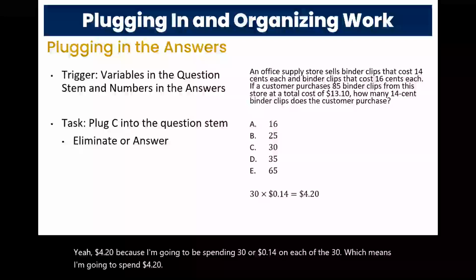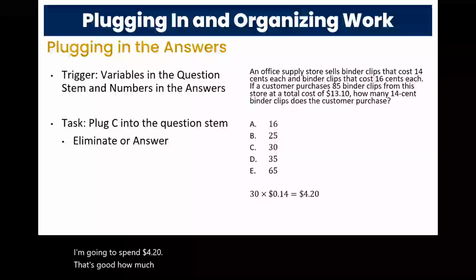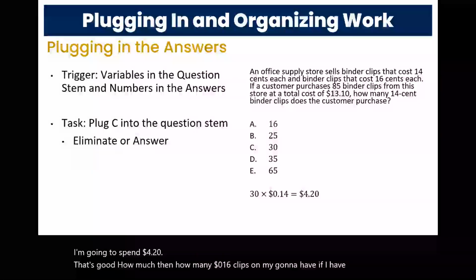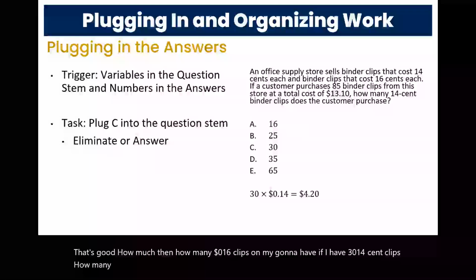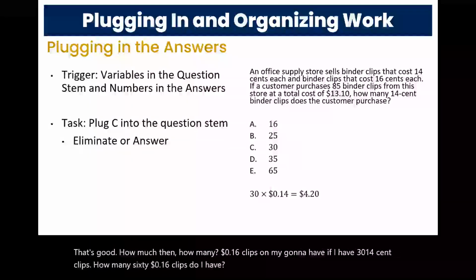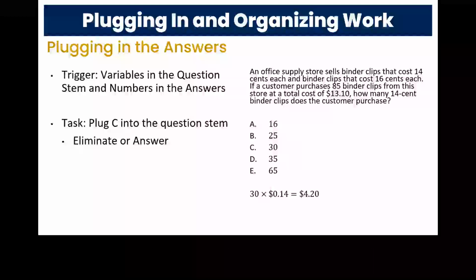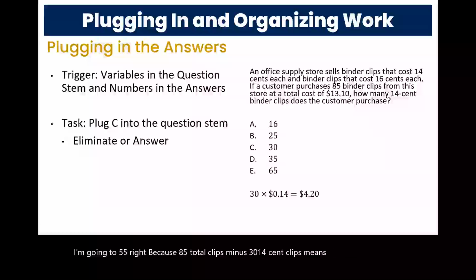Okay, that's good. How many 16-cent clips am I going to have? If I have 30 14-cent clips, how many 16-cent clips do I have? I'm going to have 55, right? Because 85 total clips minus 30 14-cent clips means I'm going to have 55 16-cent clips.